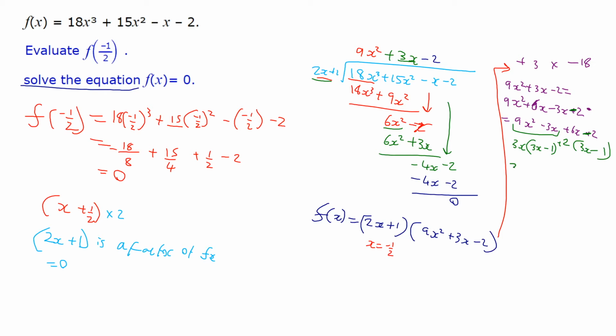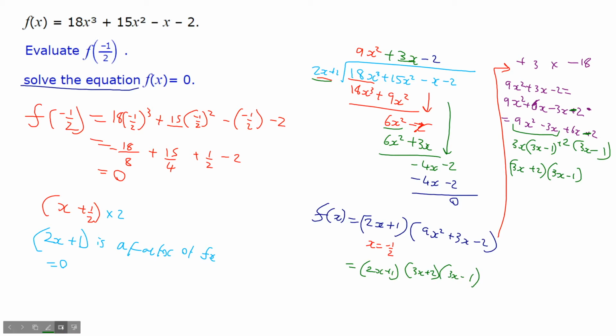And so what we're left with is 3x plus 2 and 3x minus 1. So our final solution, our fully factorized form, is 2x plus 1 times 3x plus 2 times 3x minus 1.